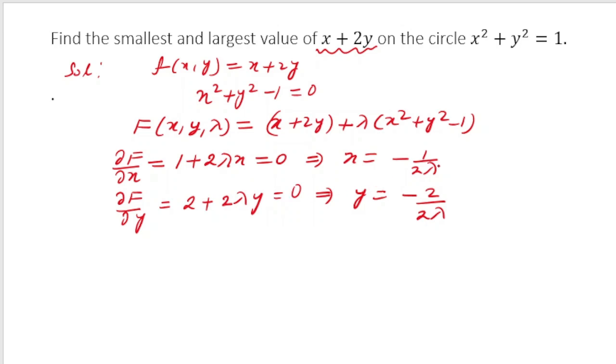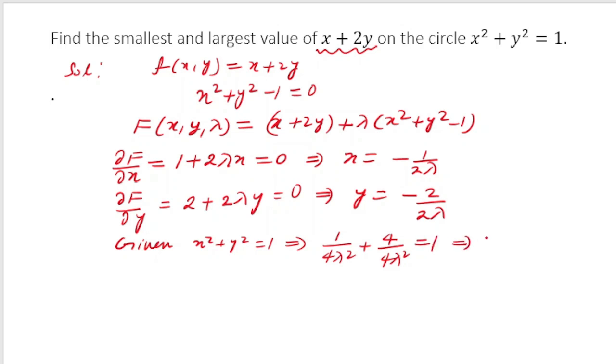So we have got x and y. It is given that x square plus y square is equal to 1. So this will help me to write minus 1 by 2 lambda whole square, that is 1 by 4 lambda square, plus 4 by 4 lambda square, that is equal to 1.